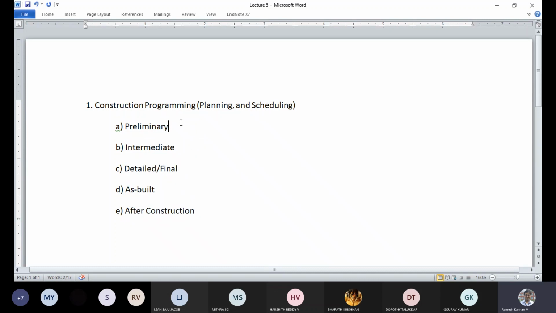So what are these things? Say for example, preliminary planning or preliminary estimate, right? So where do we get the details? For example, if you are pretty new to this business and you got a project to construct in a particular place, say for example, Chennai.